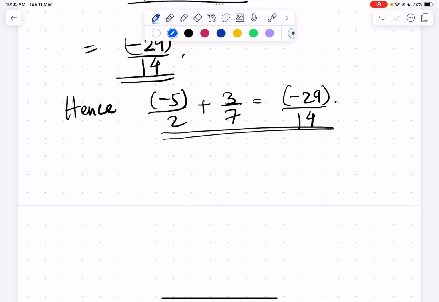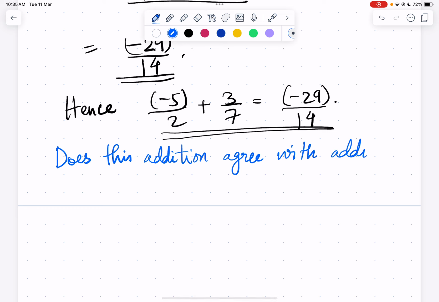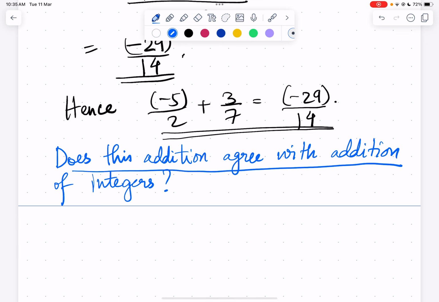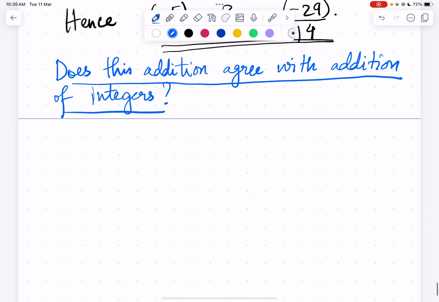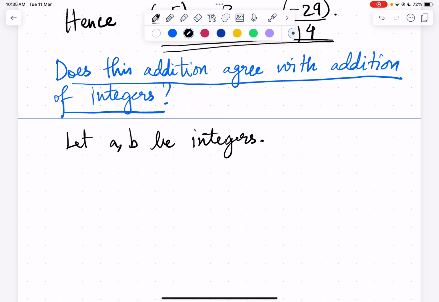So we can ask, does this addition agree with the addition of integers? Let a, b be integers, then a by 1 plus b by 1 equals a plus b by 1.